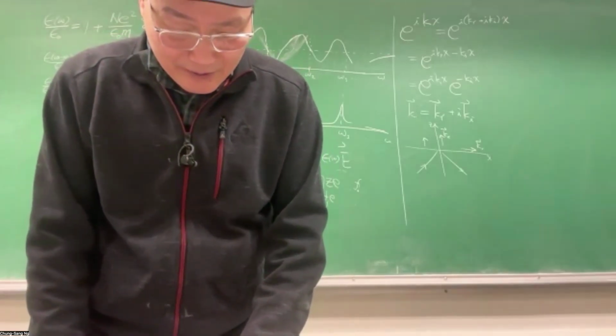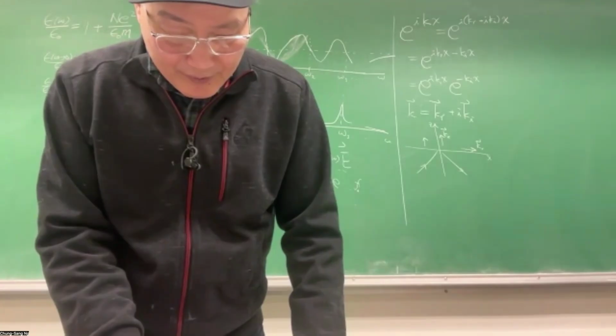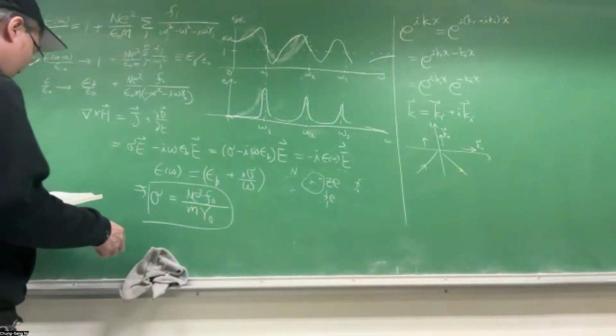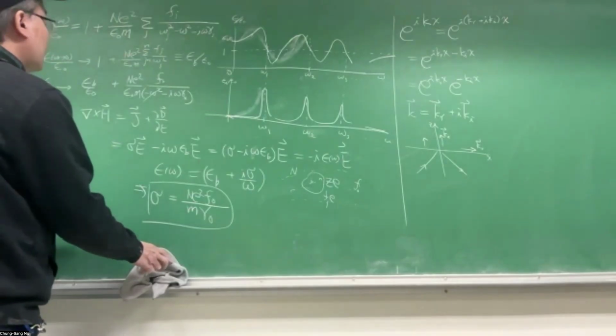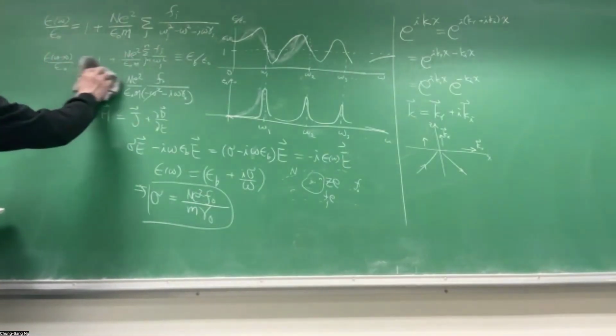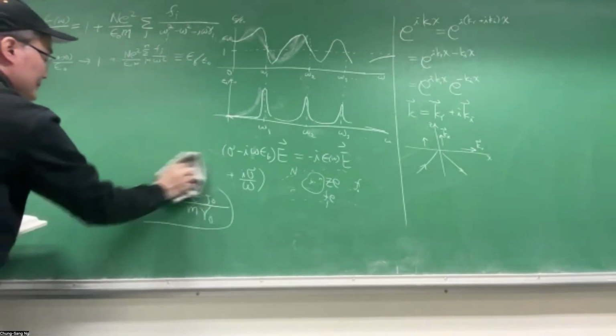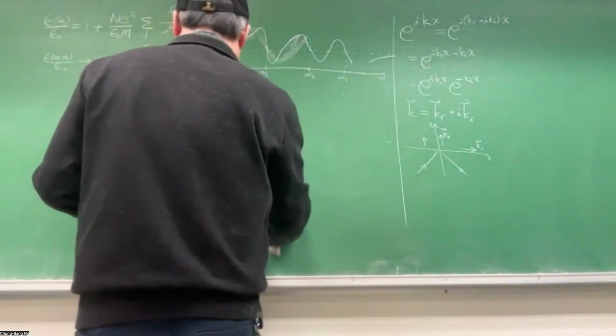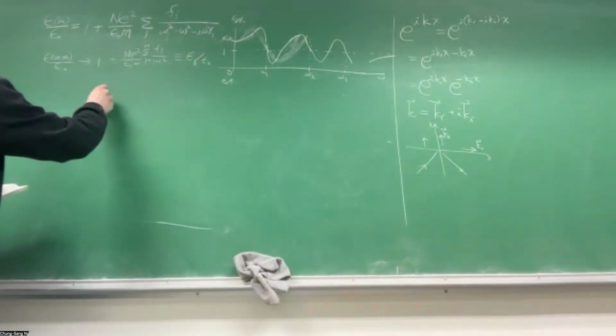Now the final part is part B, with the high frequency limit we already wrote down. We have written down the dispersion relation of epsilon.